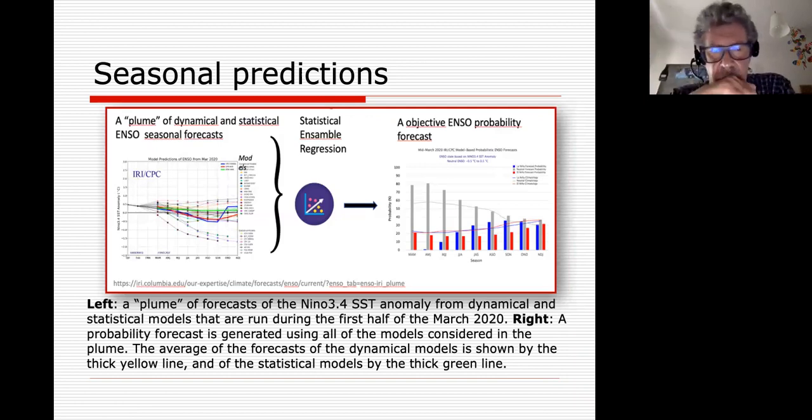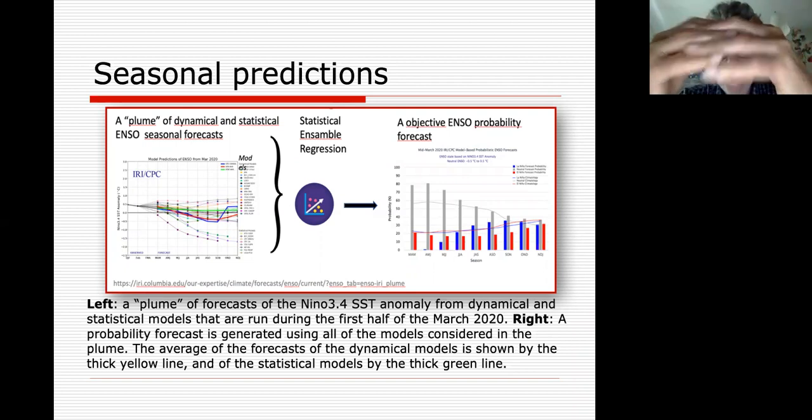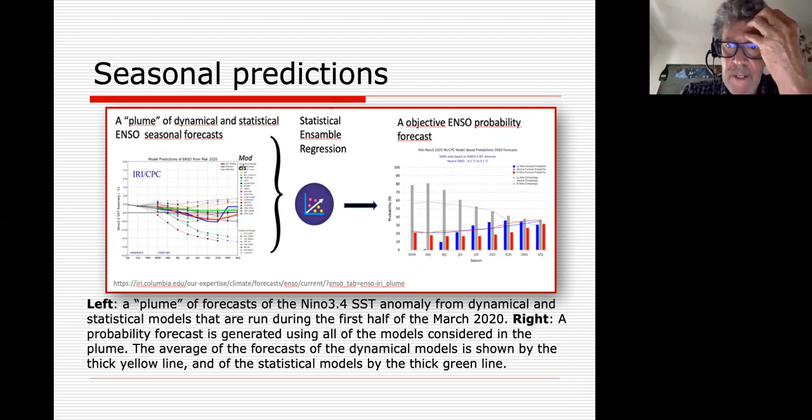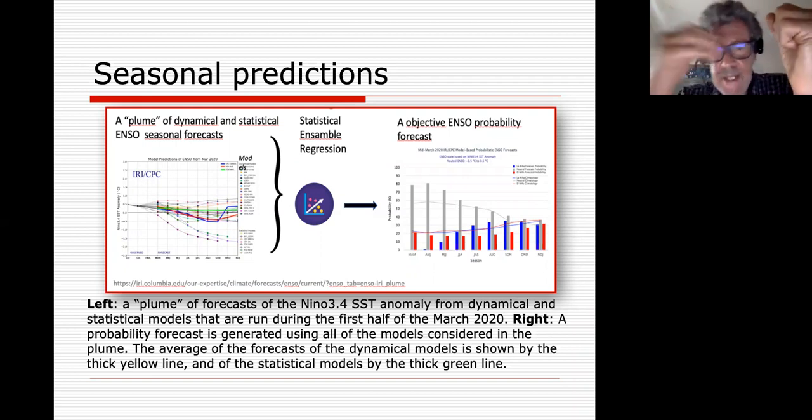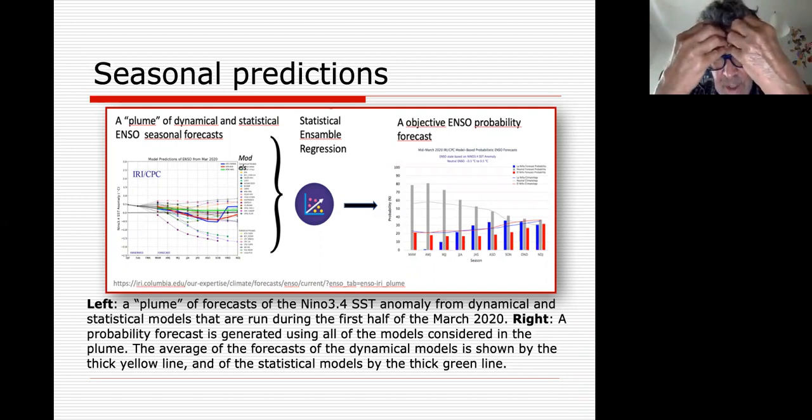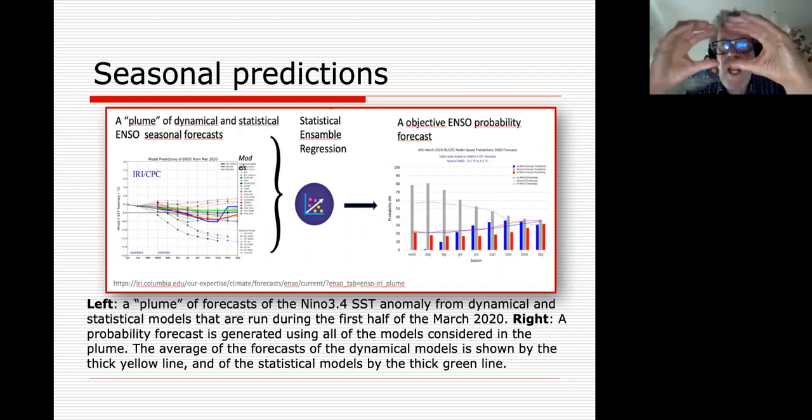Again, we have to say that this prediction can start, especially the dynamical one, from the observation. A good observation network can give the right initial conditions to evolve the dynamical model and to predict the statistical ensemble that they use to do this kind of probability. Why? The slower, the more conservative component of the ENSO system is the ocean.